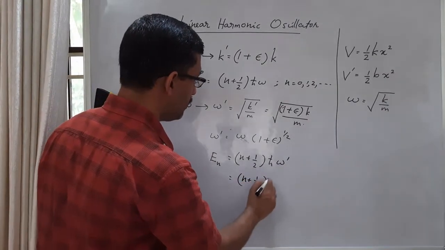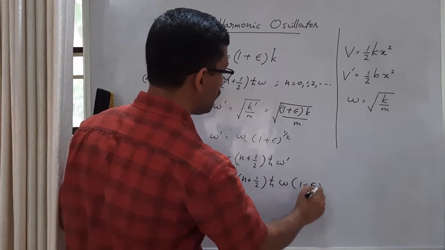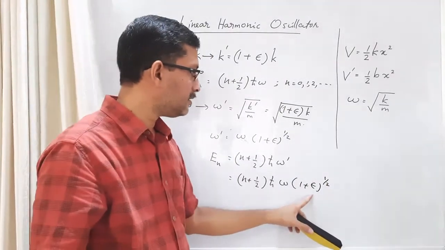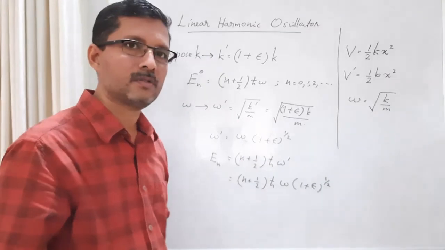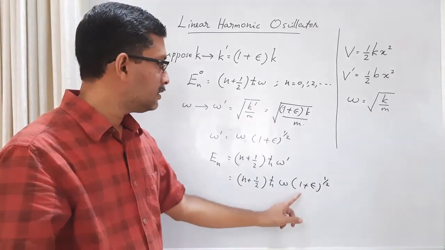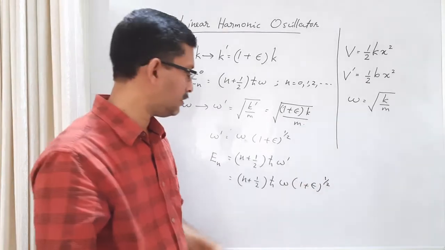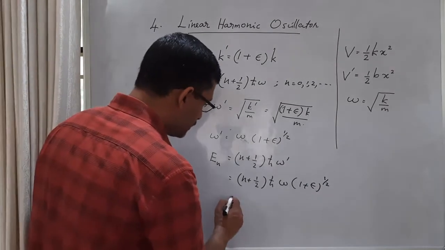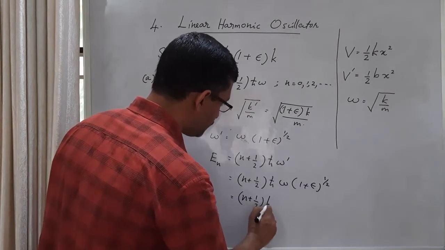E_n is (n plus half) h cross omega times (1 plus epsilon) raised to half. Now assume that epsilon is very small compared to 1, a small positive constant. So we can expand this as a power series in epsilon. This is what was mentioned in the question. So let us do this.